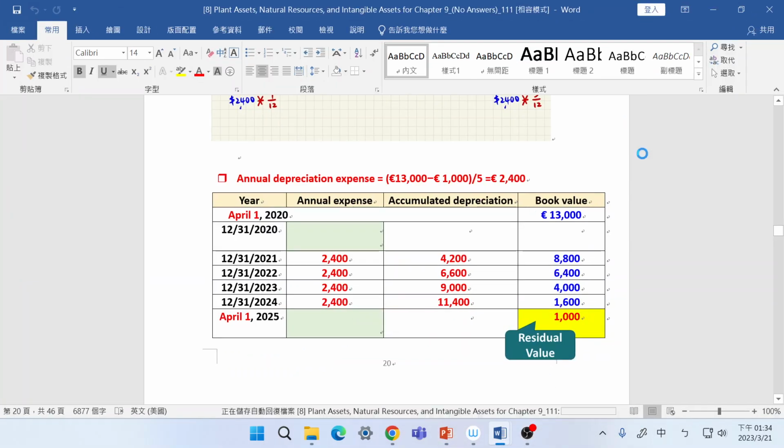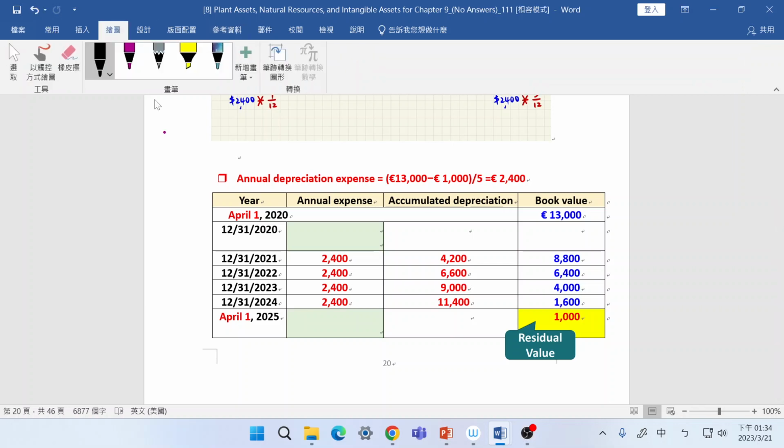On page 20, did you find out which is your purchase day? Your purchase day is April 1st. Which is your last day? April 1st, 2025. So calculate the numbers by yourself.